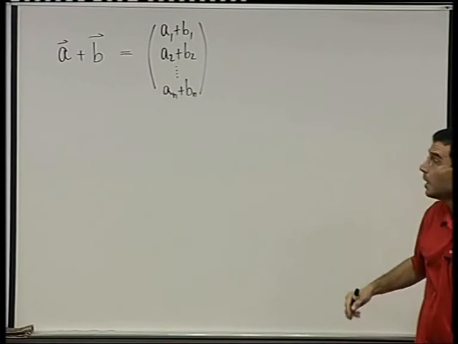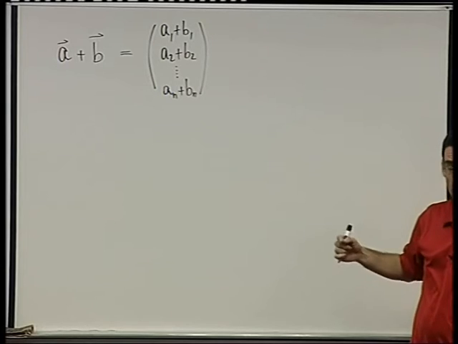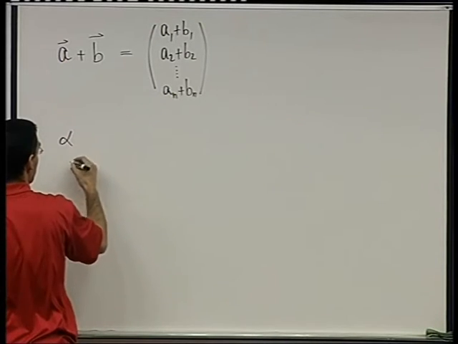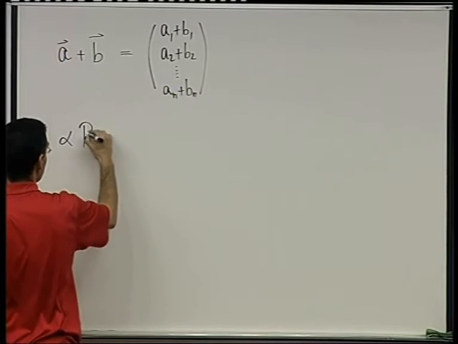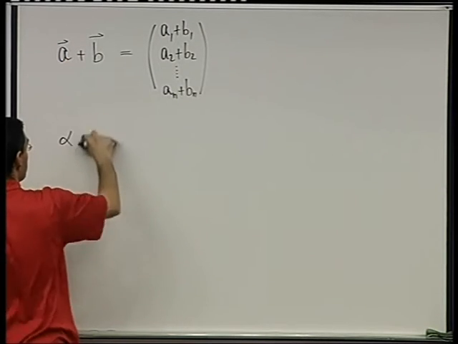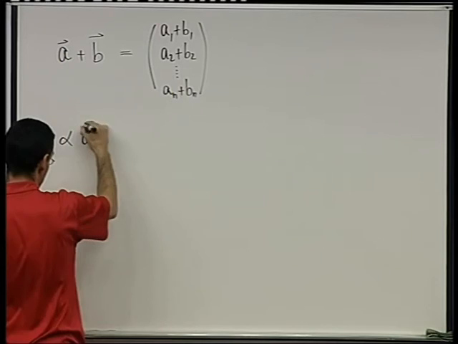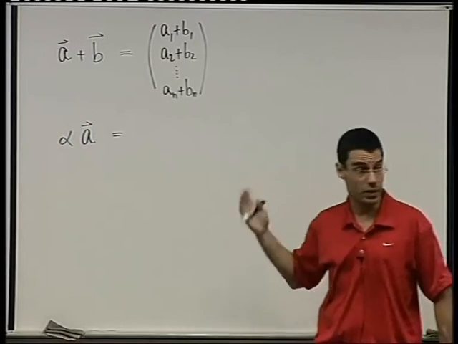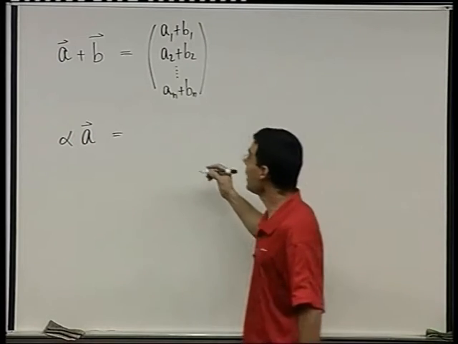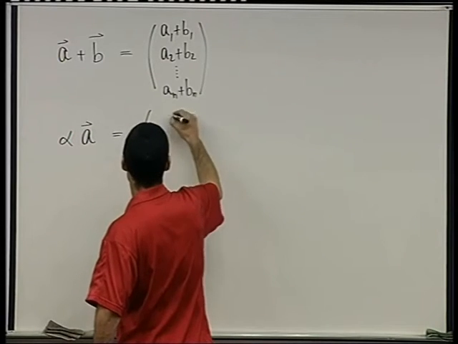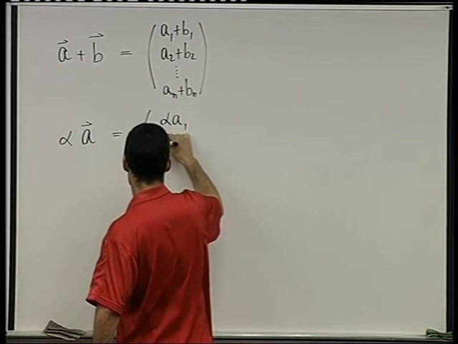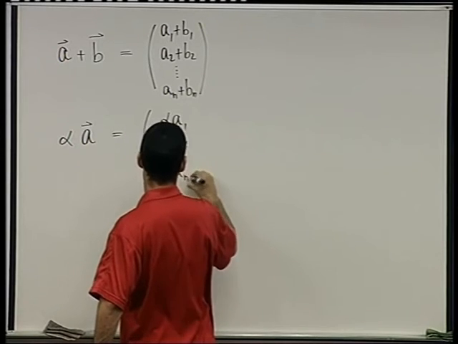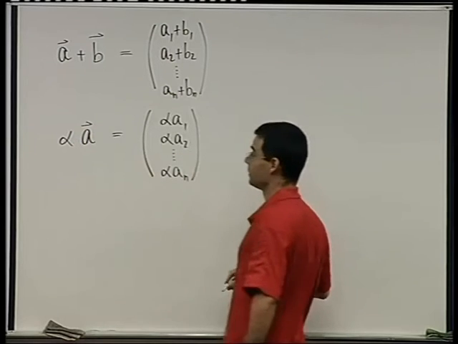We also know how to multiply a vector times a number. So if alpha is a number in R, how do we multiply alpha times a vector? We're just borrowing the ideas straight from matrices. These are matrices. So alpha times a vector is just alpha times the first coordinate, alpha times the second coordinate, and so on, all the way up to alpha times an.